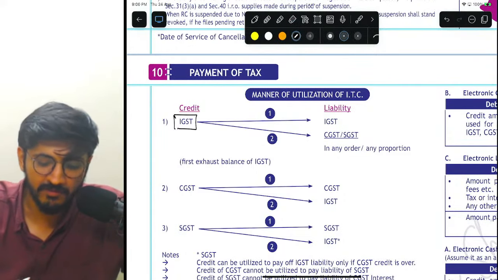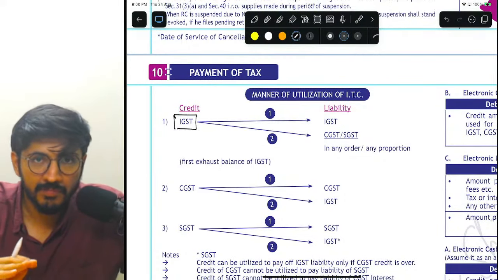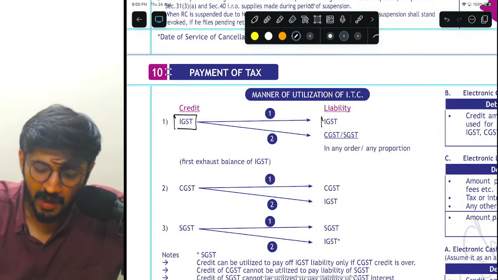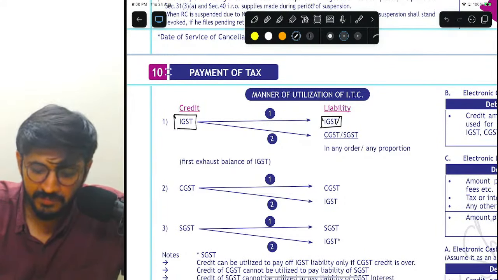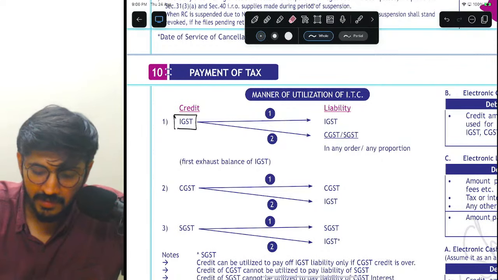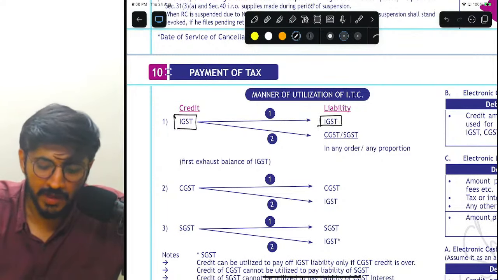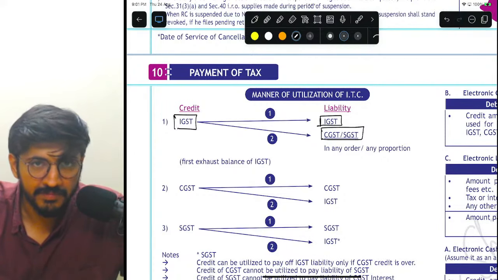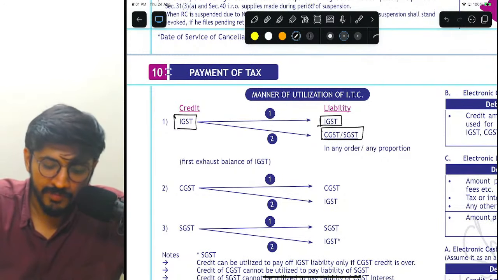First, you will pay off IGST liability, and then you can pay off CGST and SGST liability.